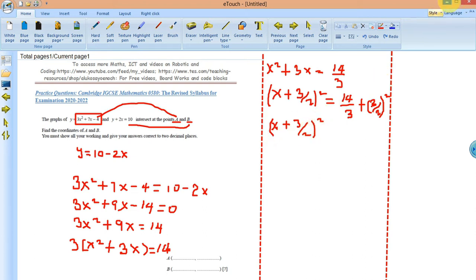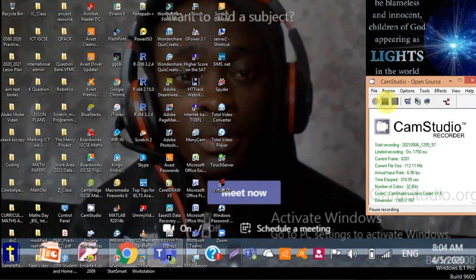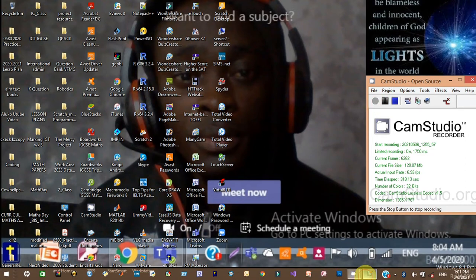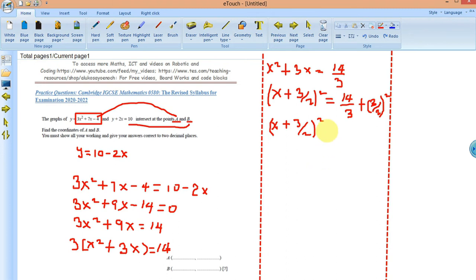So 14 over 3 plus, open the bracket, 3 over 2 all squared, that gives me 83 over 12. So the right hand side is 83 over 12. Just go ahead and use your calculator to do the same, guys.